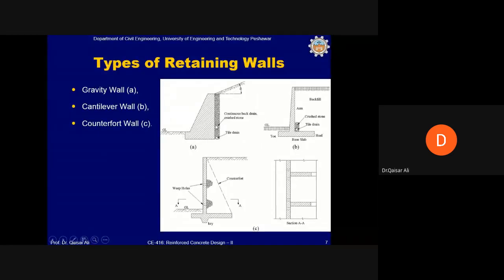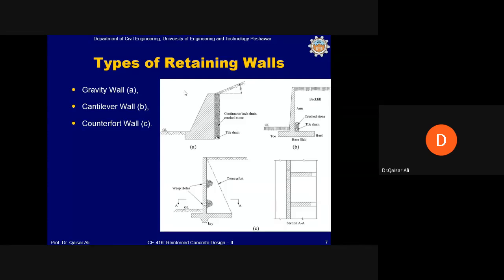And these retaining walls are mostly constructed in stone masonry. So the stone masonry retaining walls are gravity retaining walls, and they resist all the actions produced by the soil due to the lateral movement of the soil.